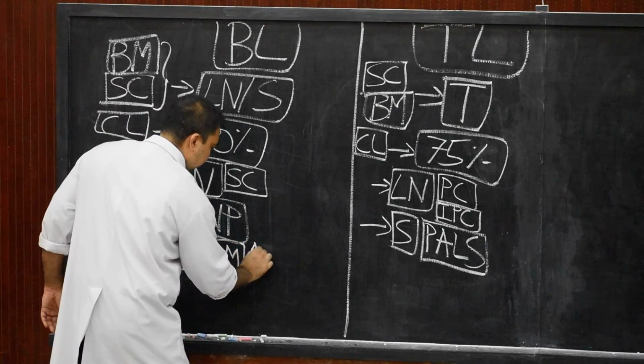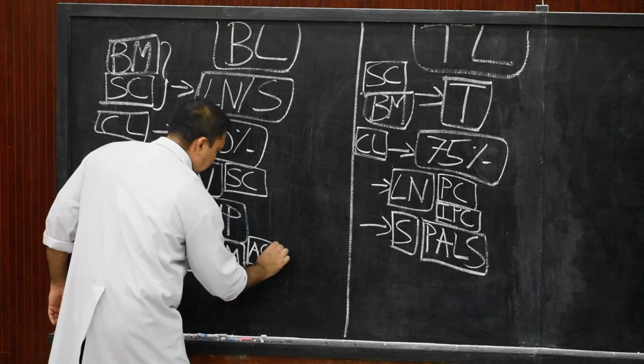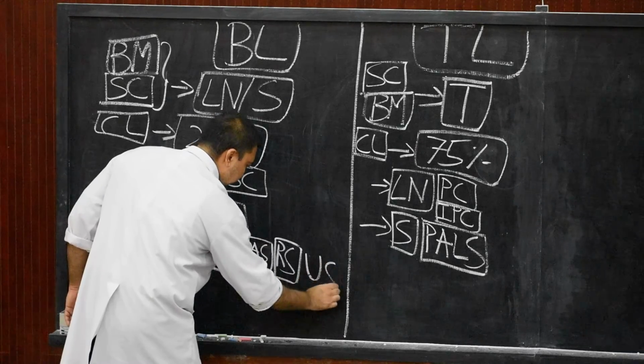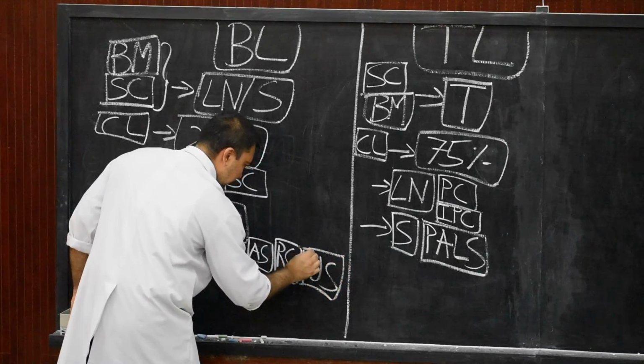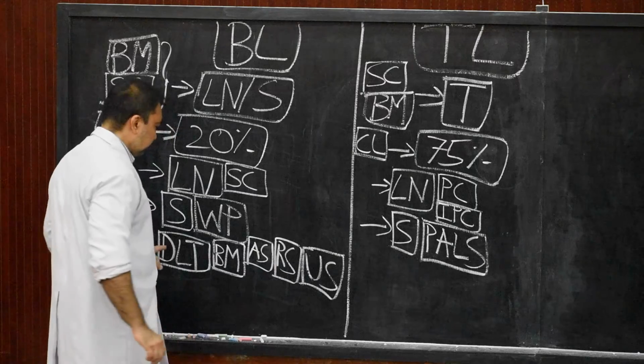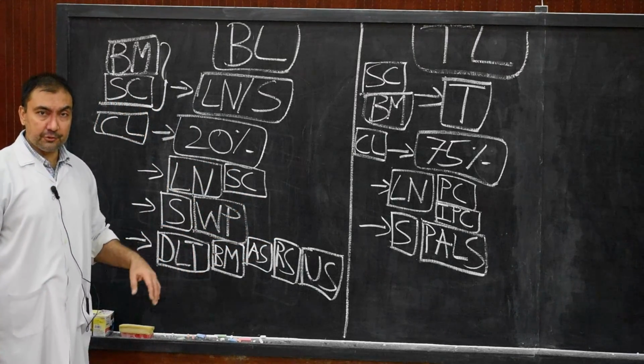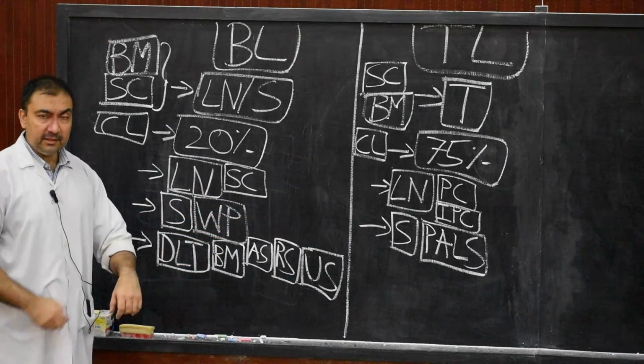So this is where B lymphocytes are found in the form of diffuse lymphoid tissue beneath the mucosa of these three systems.